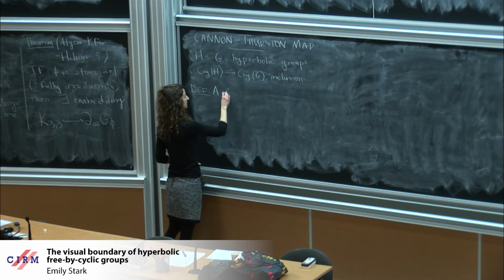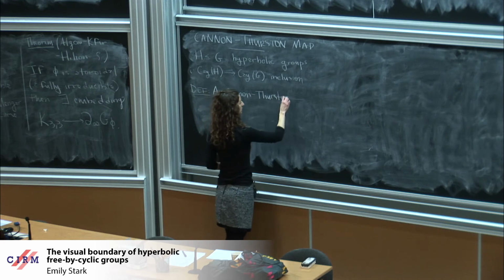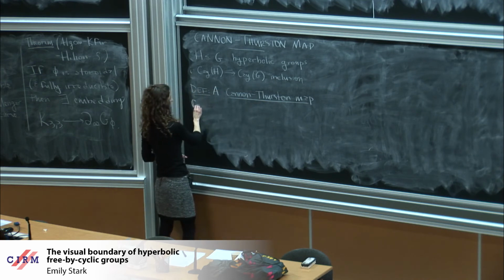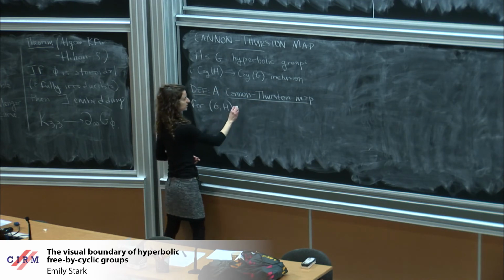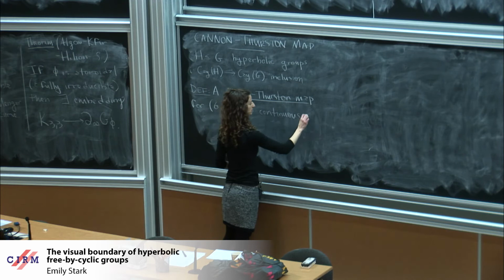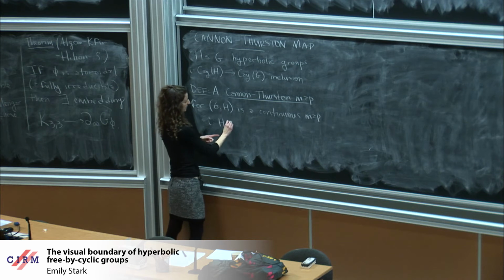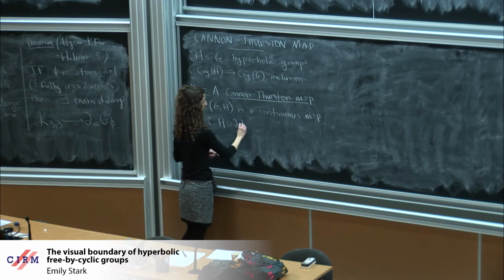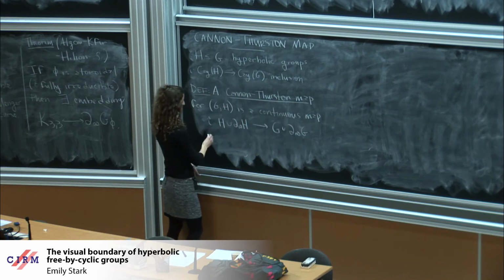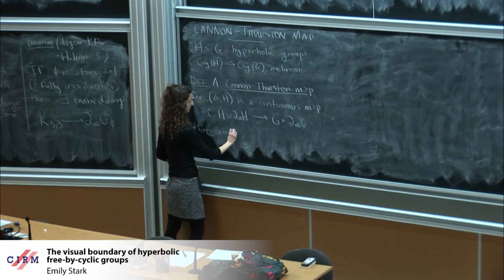Then a Cannon-Thurston map for the pair G and its subgroup H is a continuous map, denoted I hat, from the Cayley graph for H union its boundary to the Cayley graph for G union its boundary, so that this map extends the inclusion.